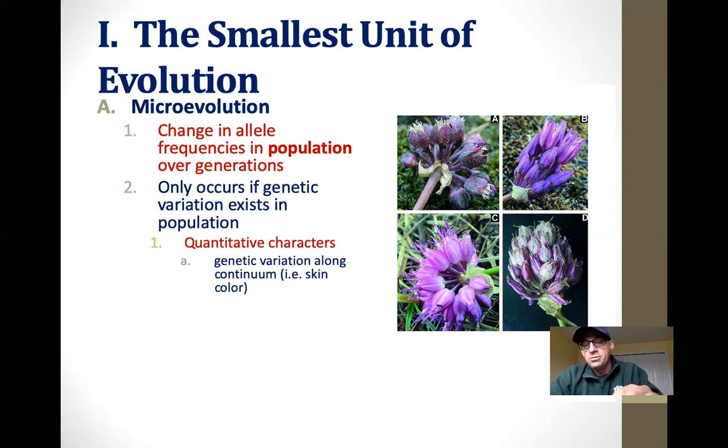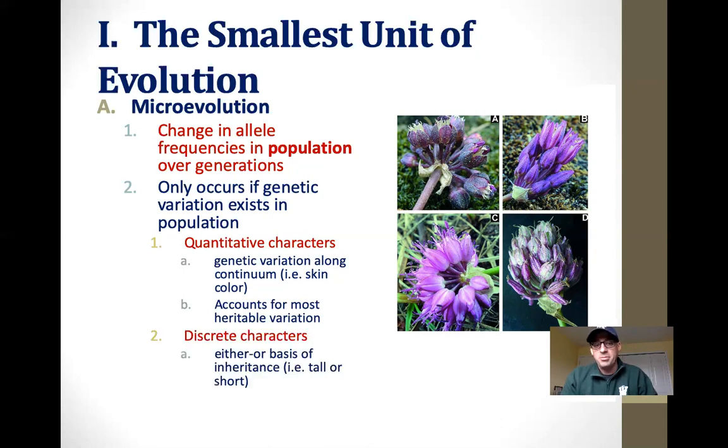Because generally, as you hopefully remember from our previous unit, when we have these quantitative characters, they're usually inherited through polygenic inheritance, right? Many different alleles working together, many different gene pairs working together to determine a particular trait. Most variation that's heritable, in other words, that is inherited along this continuum, most variation comes from polygenic traits.